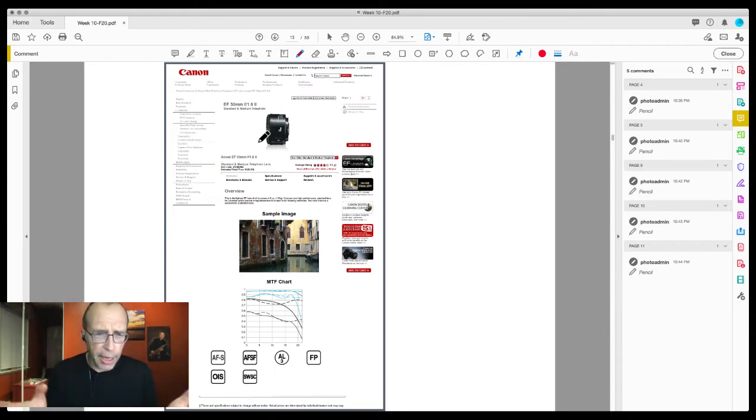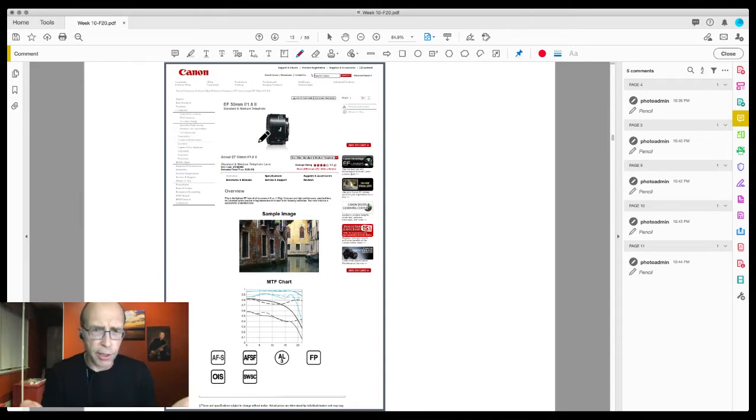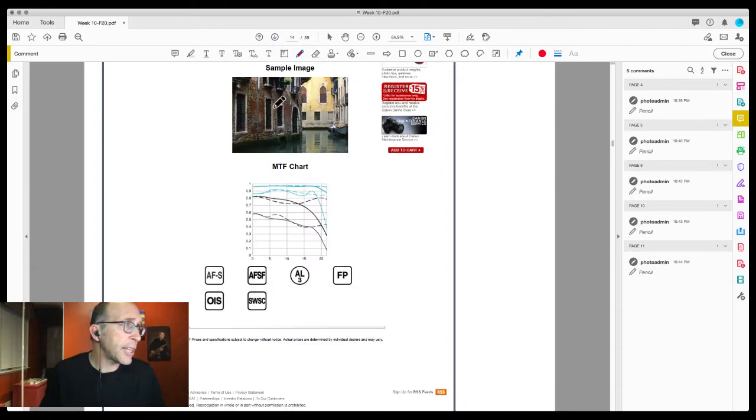They'll talk about their cameras, and then they'll have a section where they talk about their lenses. For each lens, they'll have a little promotional piece or detailed description of what the lens is all about. They might have a sample image, and a lot of times you'll see this MTF chart at the bottom. And that's what I want to talk about this week.